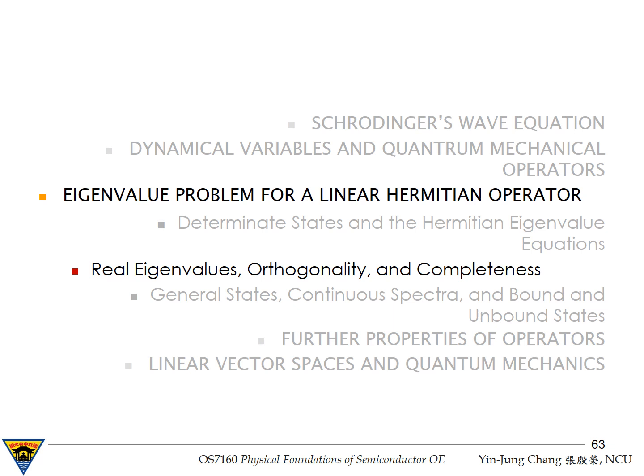Now we move to the next logical step in our discussion of the eigenvalue problem for a linear Hermitian operator. In the previous slides, we established the meaning of the eigenvalue equation in quantum mechanics. We saw that if a state is a definite state of an observable, then its wave function must satisfy the eigenvalue equation of the corresponding operator.